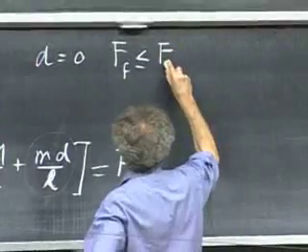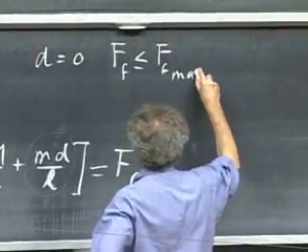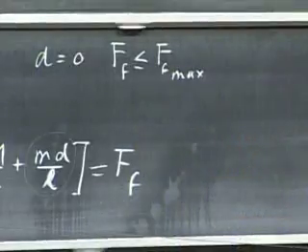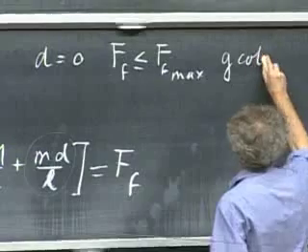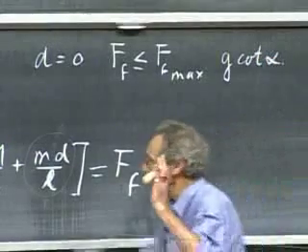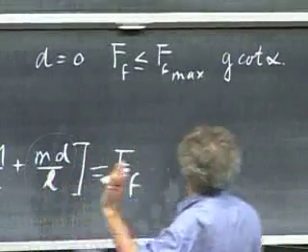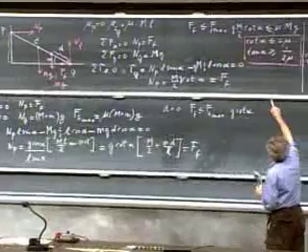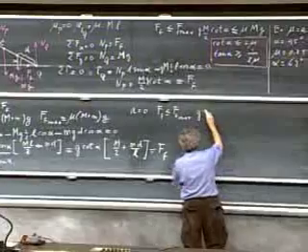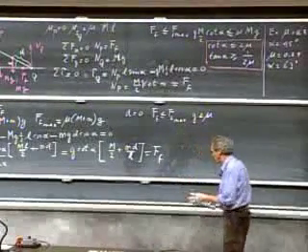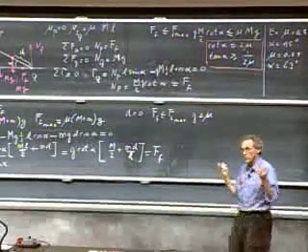So now the situation is only safe as long as the frictional force is smaller or equal to the maximum value possible. And that's the case when g cotangent alpha, but remember we set it at the critical angle so that cotangent alpha is 2 mu. So I can replace this by 2 mu because that's the way I set up my experiment. I start that way. I don't start with a random angle.